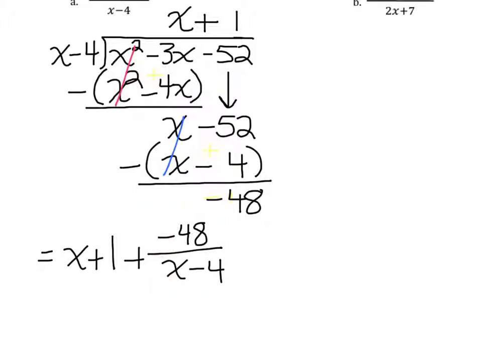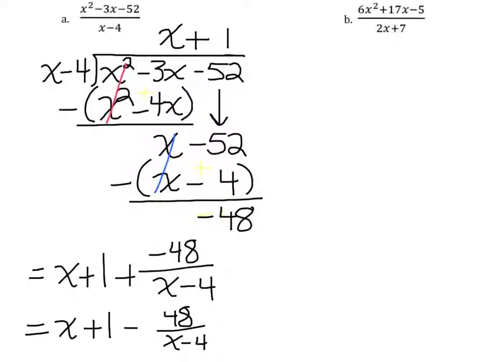When I have a negative divided by a positive, I don't have to just write that negative on the outside here. I can bring it in front of this fraction and write it as a subtraction. And so it might be easier or simpler to leave your answer as x plus 1 minus 48 over x minus 4. Okay? Let's do one more example of this long division because it can be complicated.